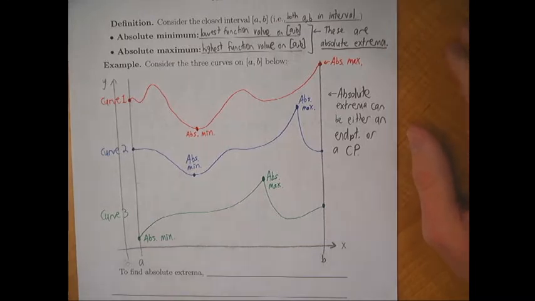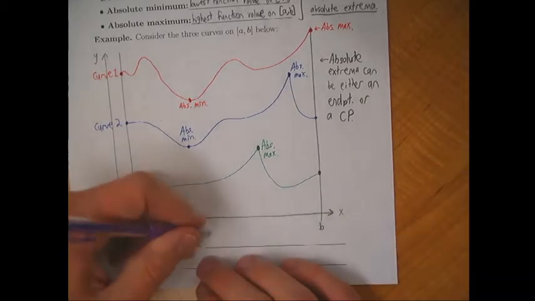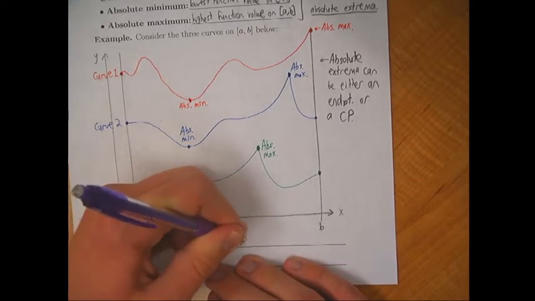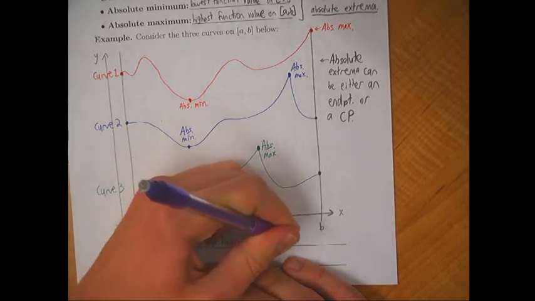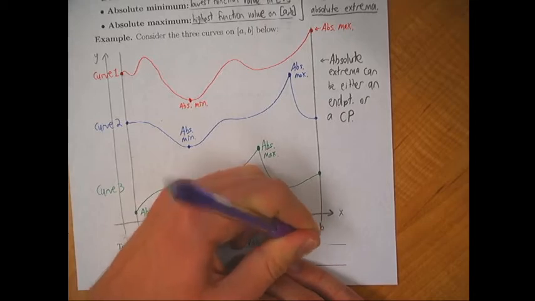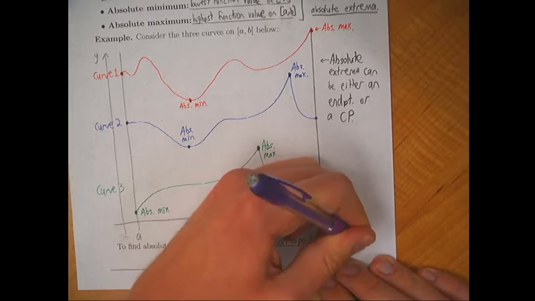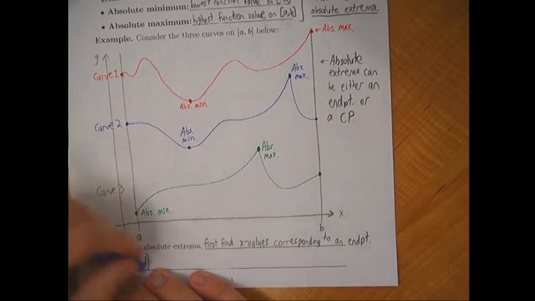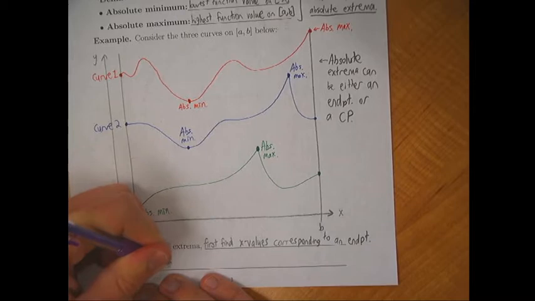As a result of this, if you want to find the absolute extrema, the idea is the following. First, find x values corresponding to an endpoint, and one thing to keep in mind is the endpoint only if included, or a critical point.